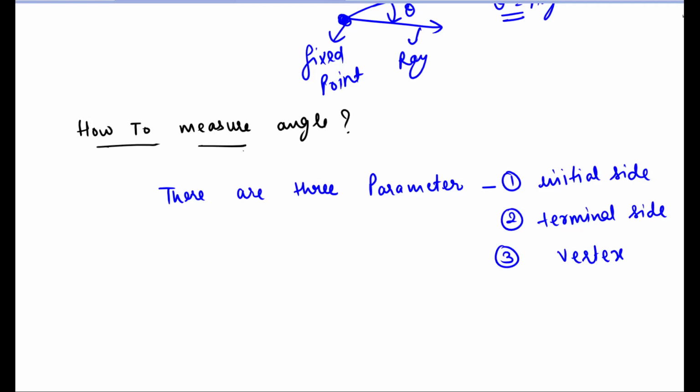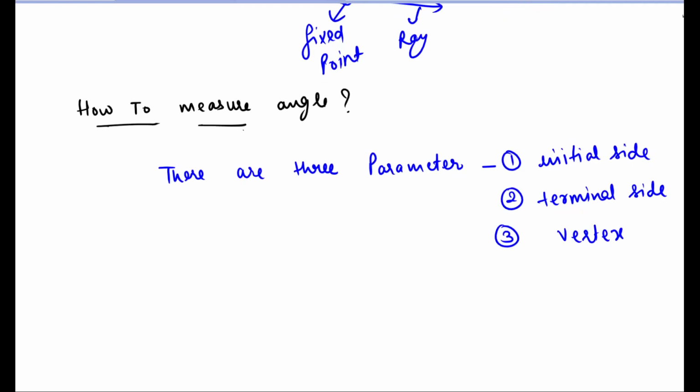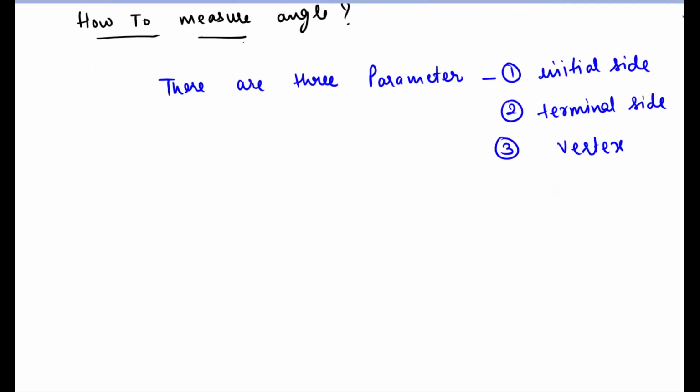So these are three parameters to measure the angle. First we have a ray, and this is the initial side, which is fixed, and this is called the vertex.